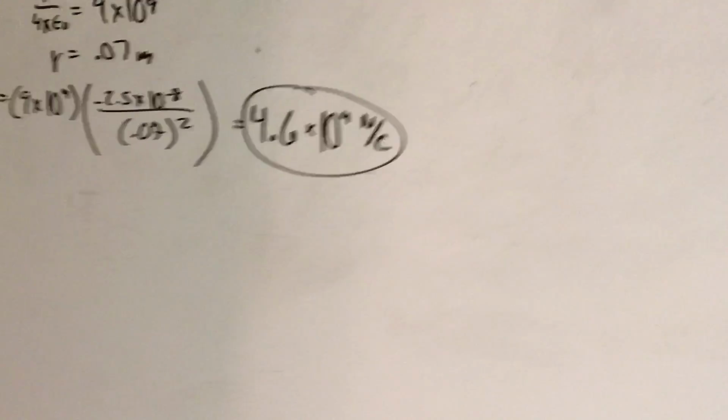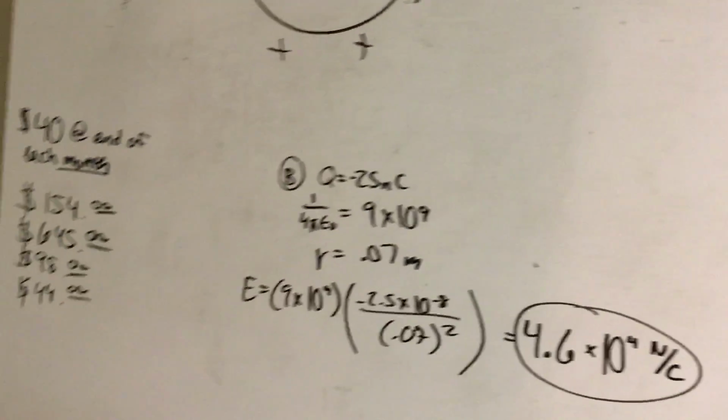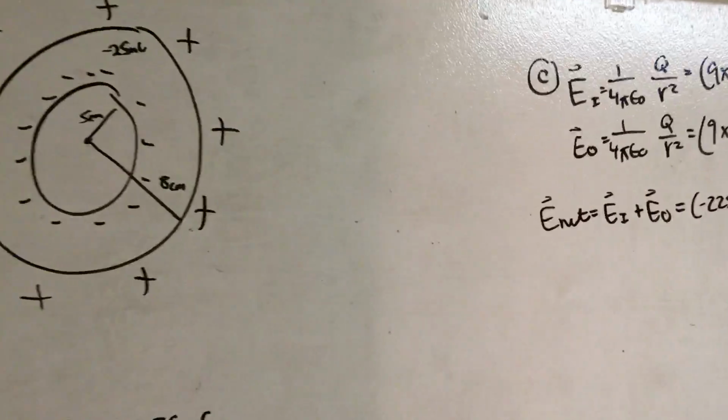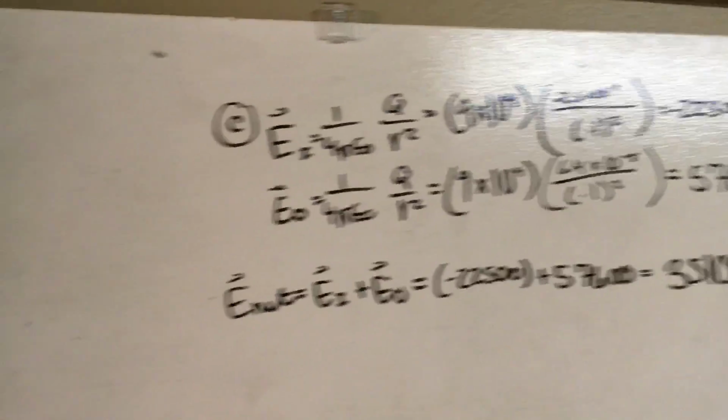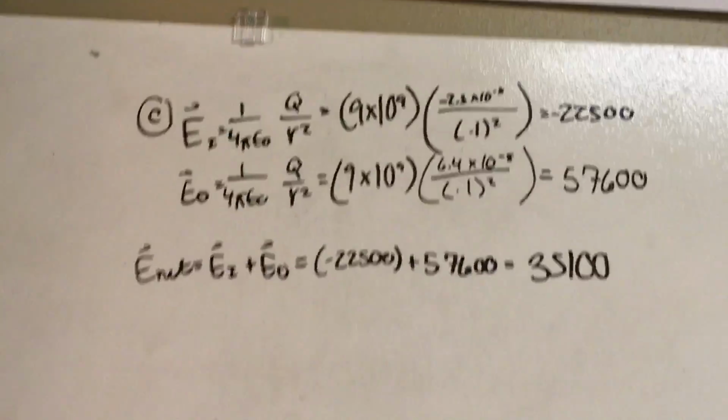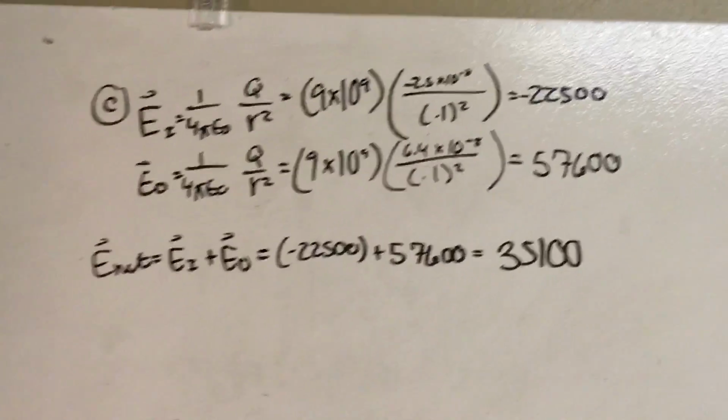It then goes on to ask, what is the electric field 7 centimeters away? Or I'm sorry, 10 centimeters away from both of the shells. What I did is I solved for the electric field for both.